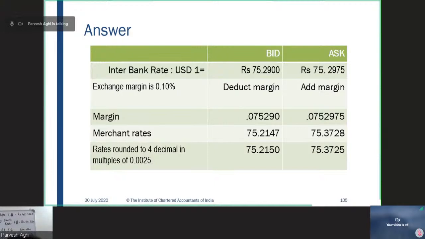Okay. This is in multiples of 0.0025. So the next would be 50, the last two digits. And if you look at the ask rate, it was 75.3728. And then if I have to round off to the nearest multiple of 0.0025, then it will be 75.3725.